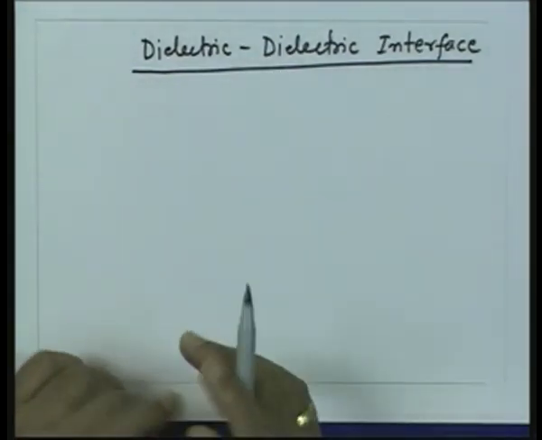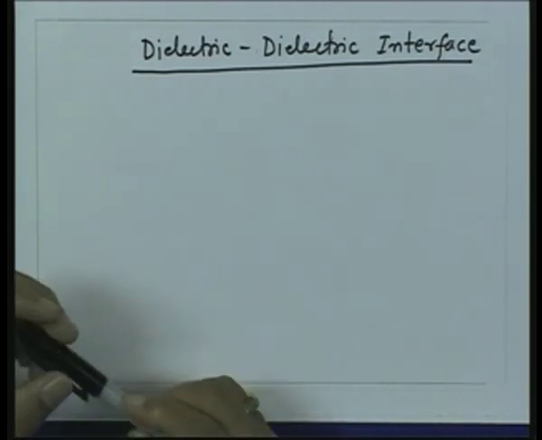The conductivity may be finite, may be 0, but the conductivity is not infinite. That means there is no conductor on either side of the boundary. In that case, then I have the boundary conditions.